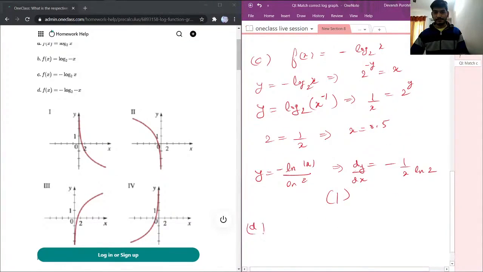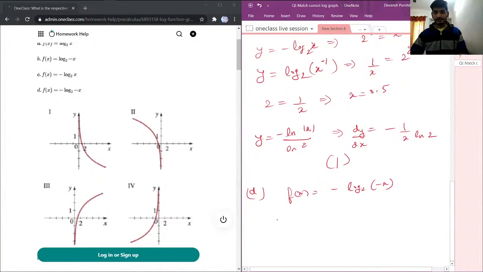Then for the last one, D, we have f of x as negative of log base 2 of negative of x. So again, we'll go with the same procedure. y equal to negative of log of negative x. This will become y equal to log of negative x power minus 1. Here we are using the property of log.